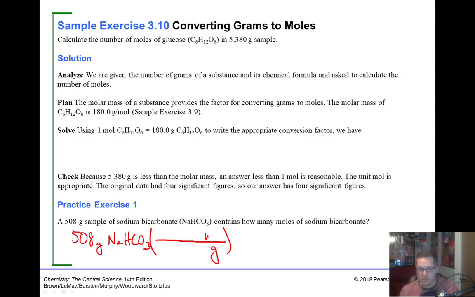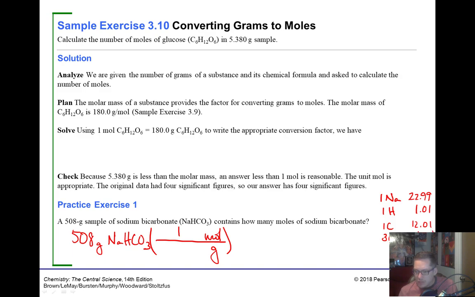So we're going from grams to moles, 1 mole, and now we have to figure out the molar mass. We have 1 sodium, 1 hydrogen, 1 carbon, and 3 oxygens. Sodium is 22.99, hydrogen is 1.01, carbon is 12.01, and all these are multiplied by 1 because I only have 1 of each, and then oxygen is 3 times 16.00.